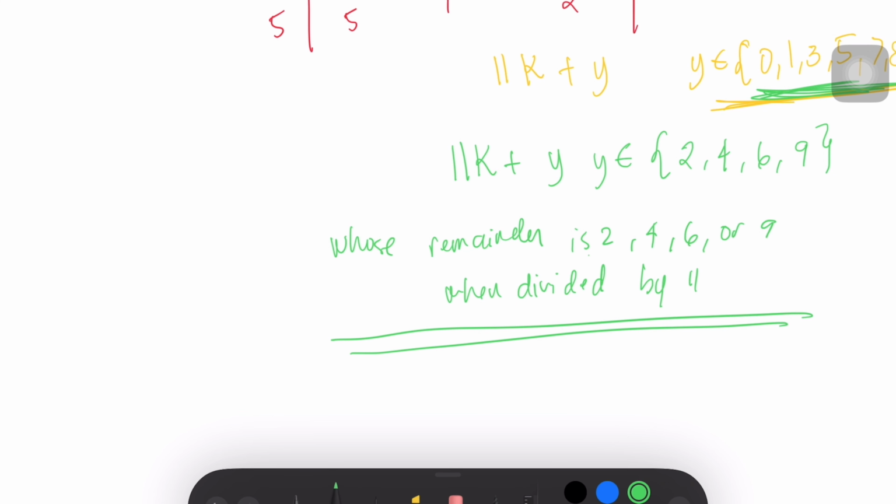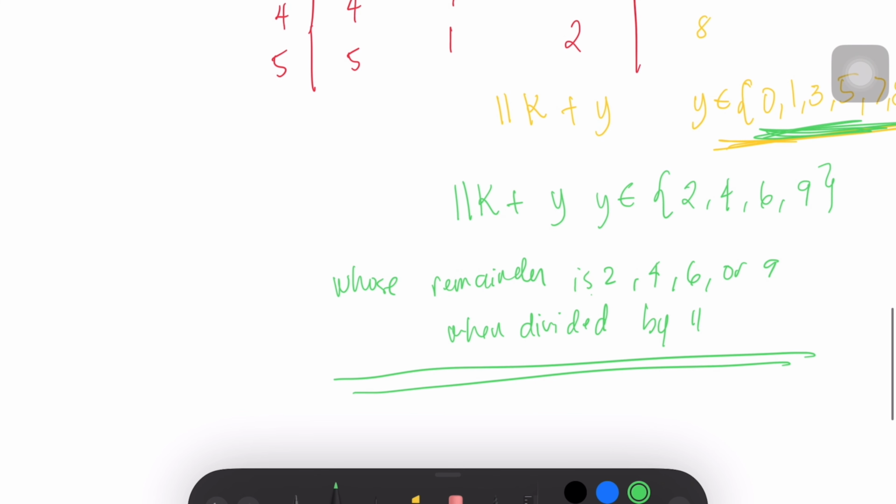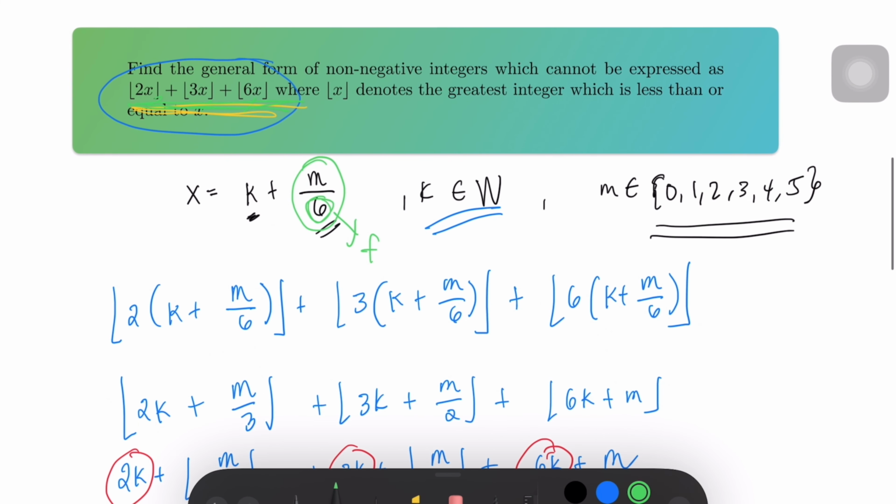So I think the main highlight of this solution is representing x in this manner. The crucial part here is determining what values of m will result in certain integers or certain values of x.